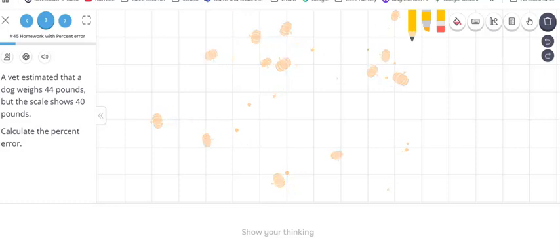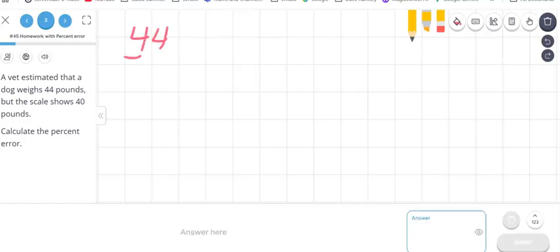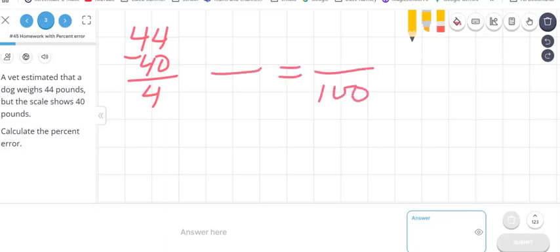A vet estimates that a dog weighs 44 pounds, but it actually weighs 40. So 44 minus 40 gives me 4. So when we set this up, the difference is going to be 4. And let's see, we want the actual. The actual will be 40.